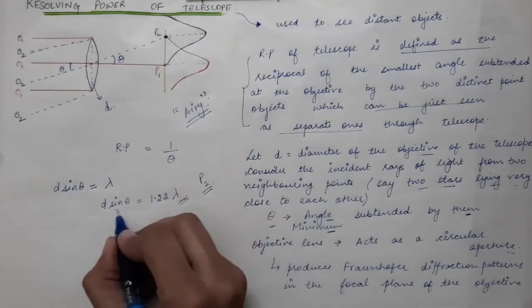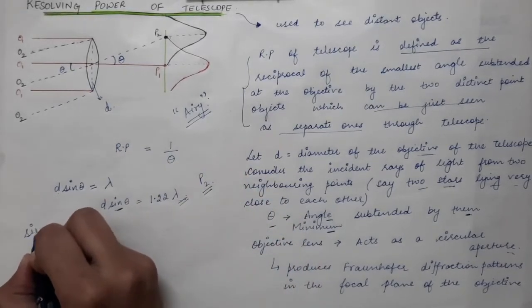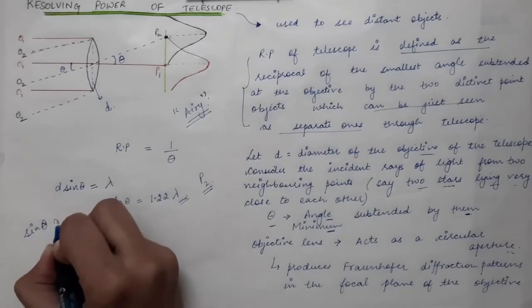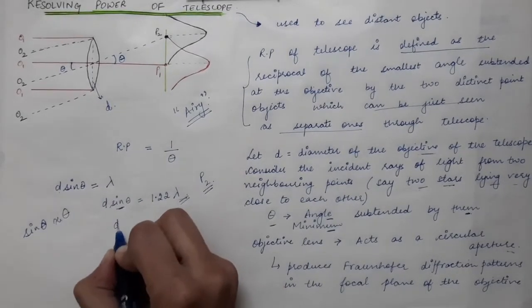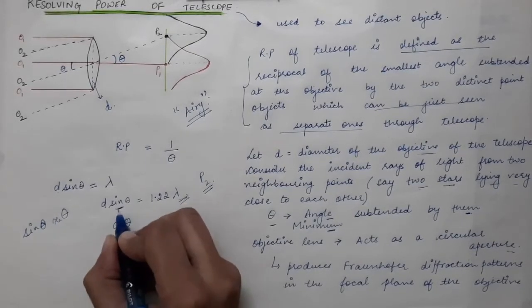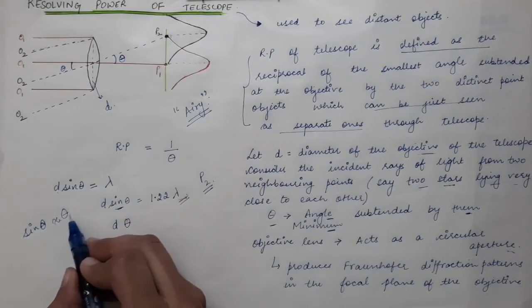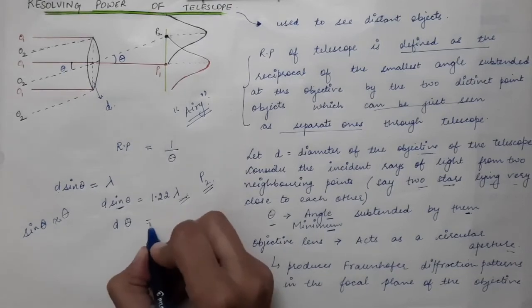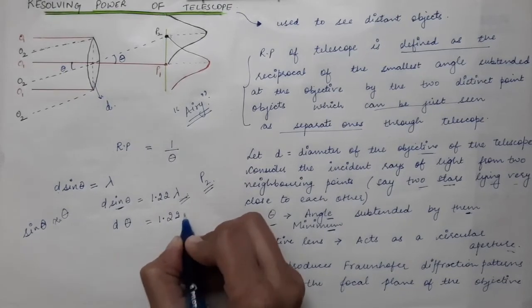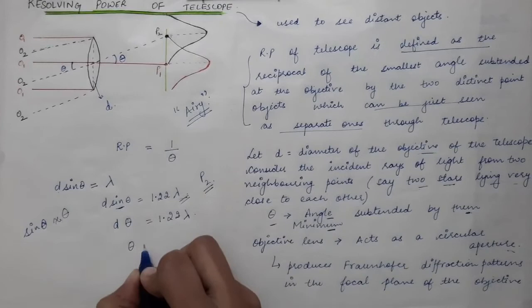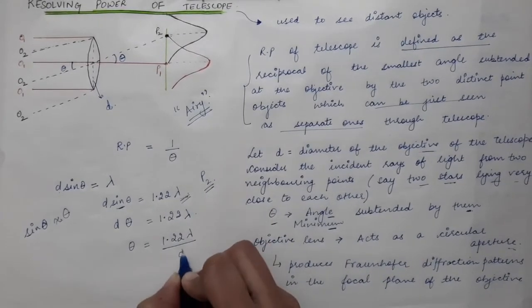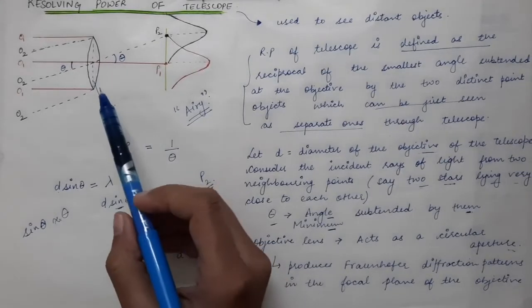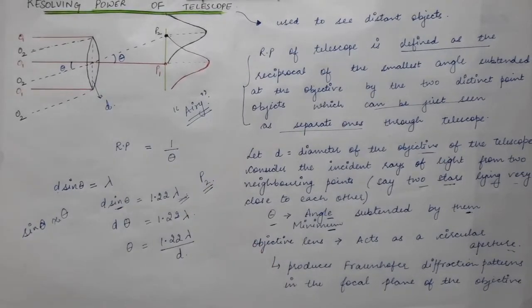Therefore sine theta can be approximated to theta. So d into theta will be equal to 1.22 lambda, and from here we get theta is equal to 1.22 lambda divided by d, where d is the diameter of the objective lens of the telescope.